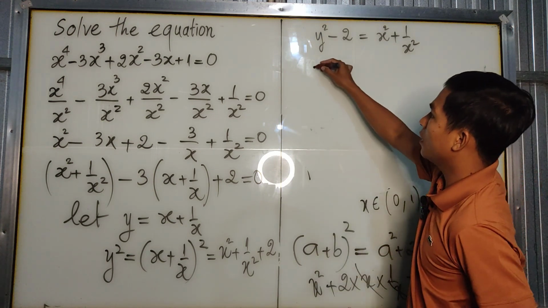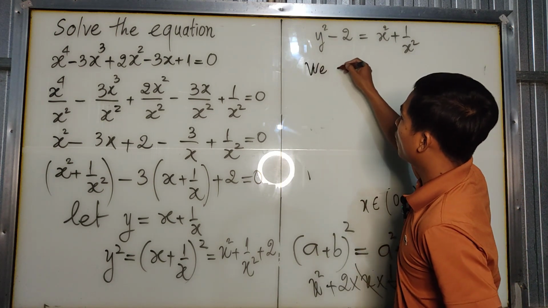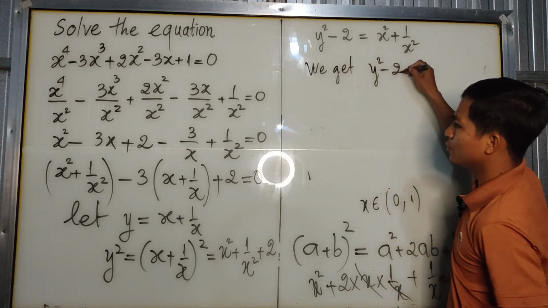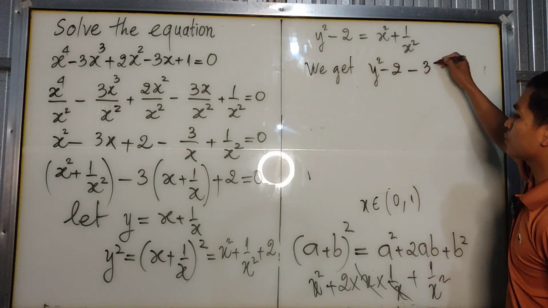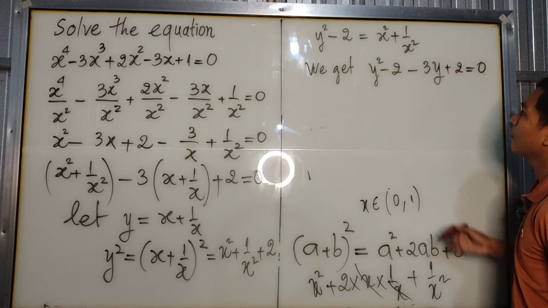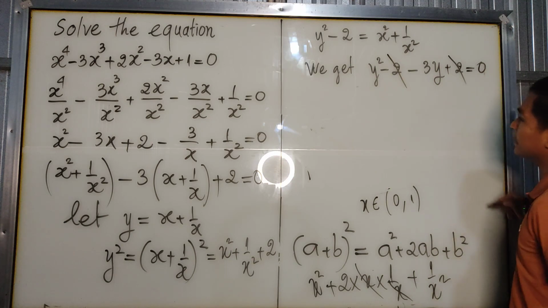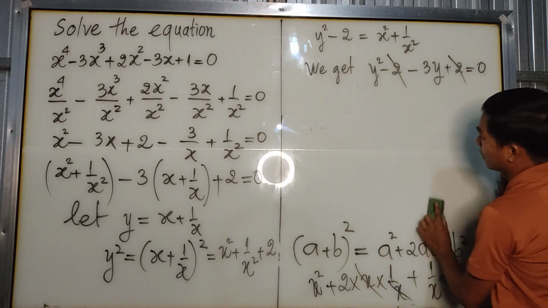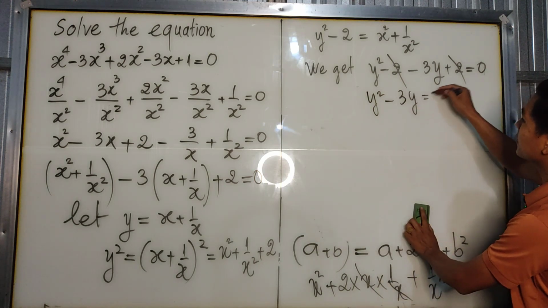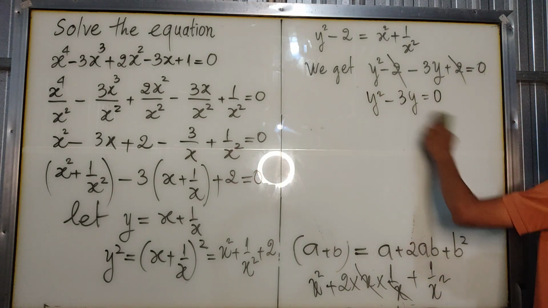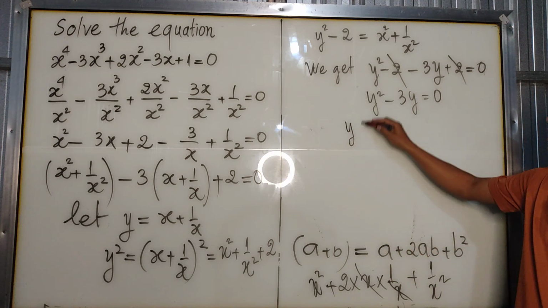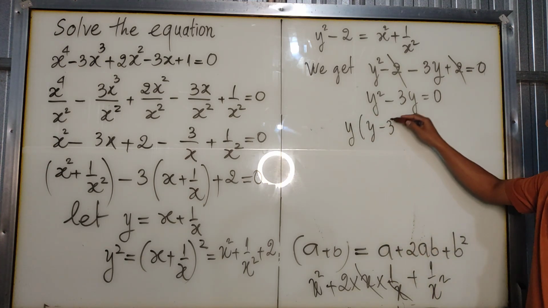So we get y squared minus 2 minus 3y plus 2 equals 0. And we can cancel this. We get y squared minus 3y equals 0. And we take y out as a factor.